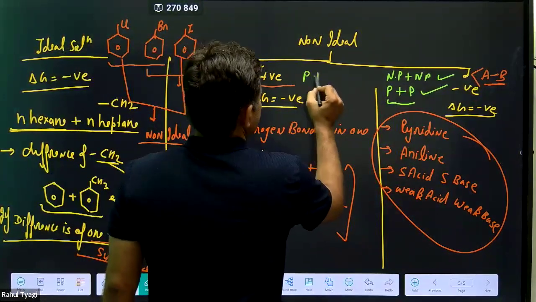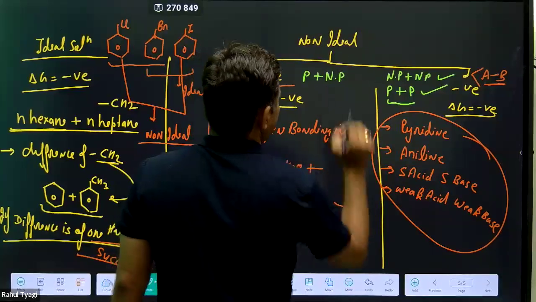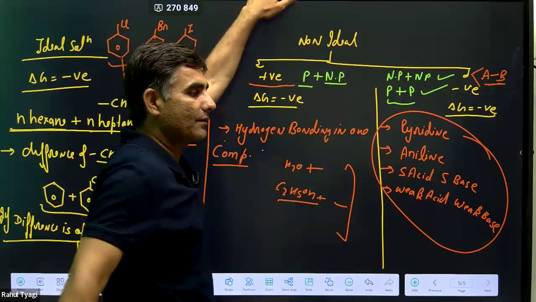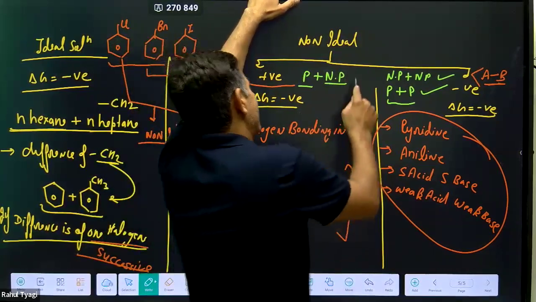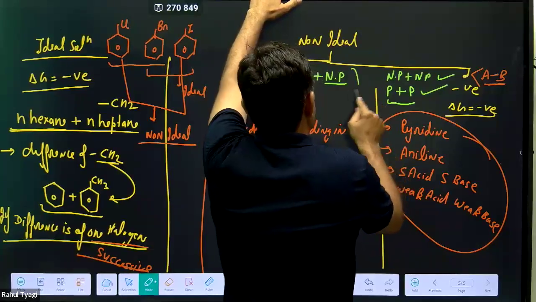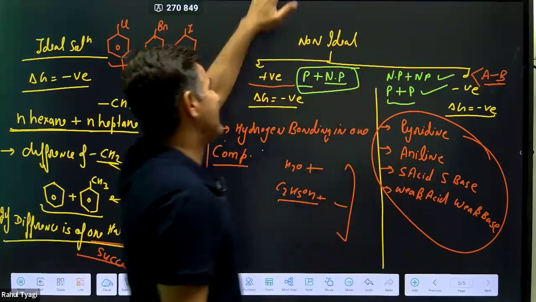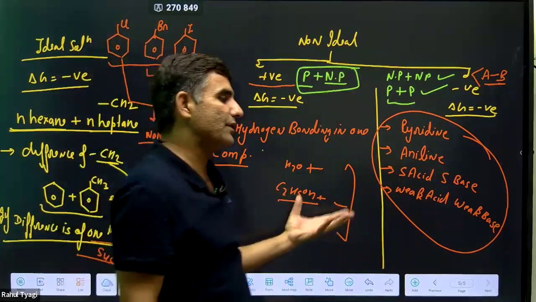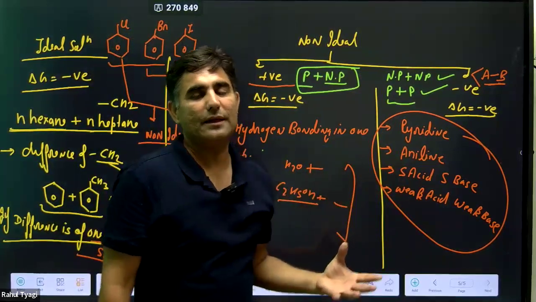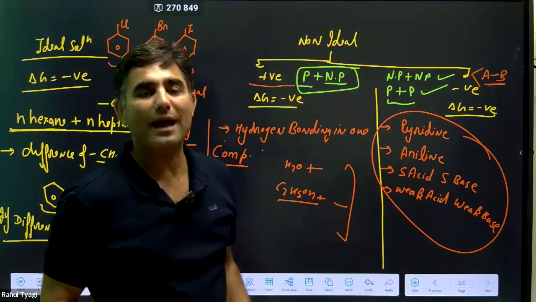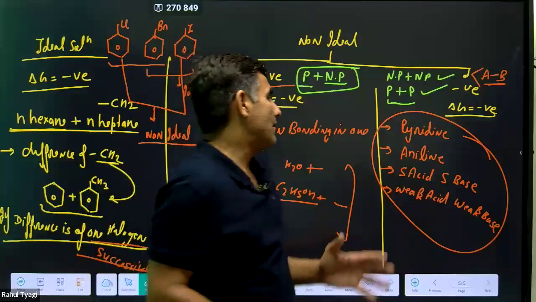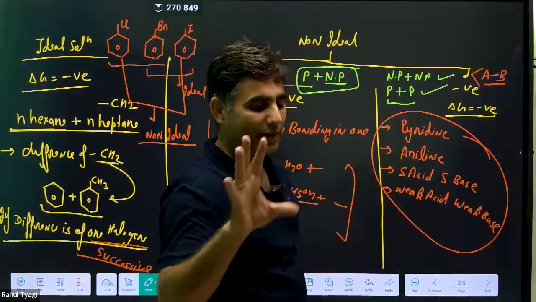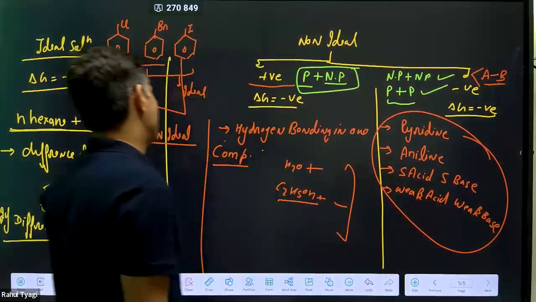If polar plus non-polar, polar does not dissolve in the non-polar, so it's a positive deviation. On the basis of these points I have told you, which are not mentioned in any textbook, you can predict whether the pair will show positive or negative deviation.